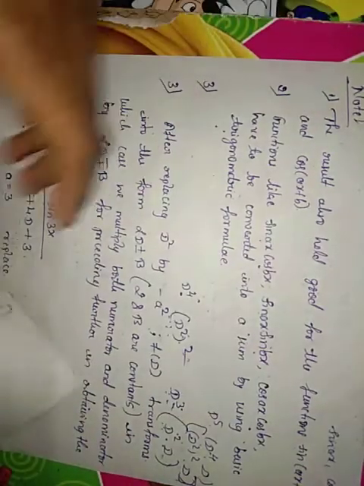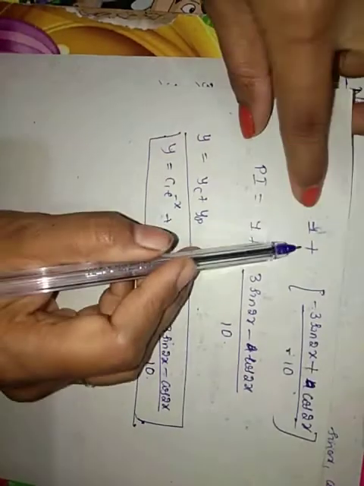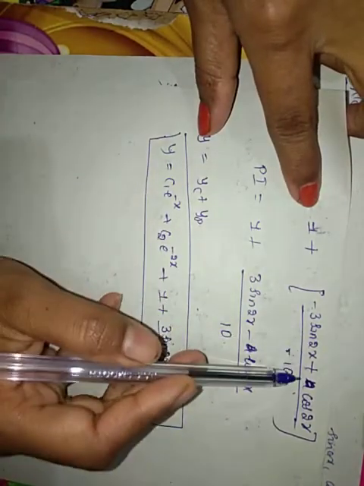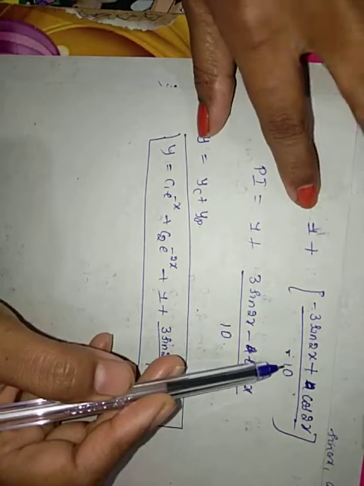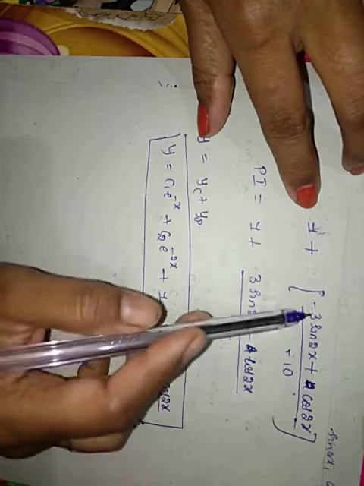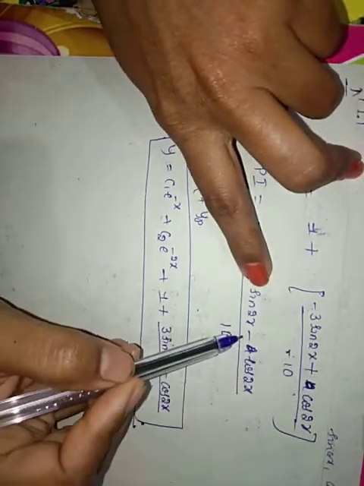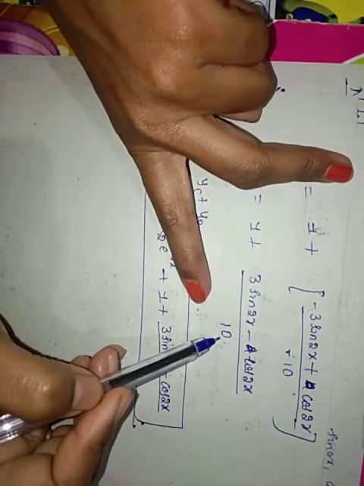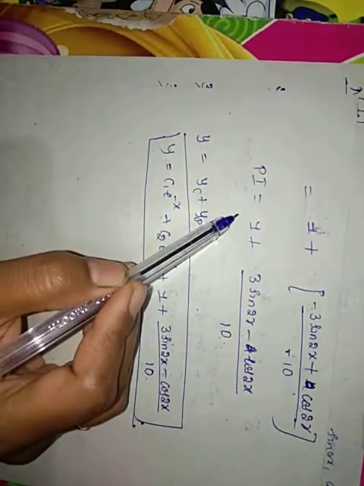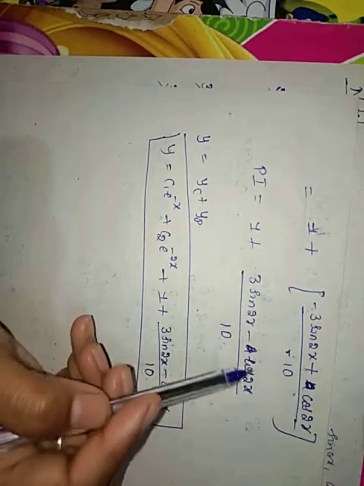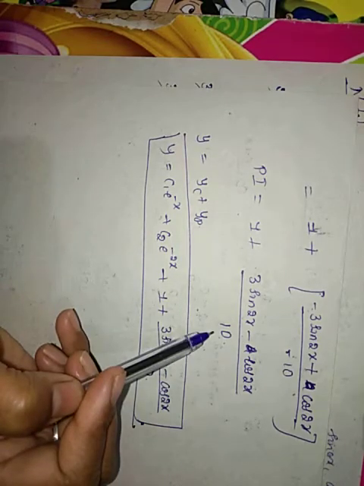So we get the PI, 1 plus minus 3 sin 2x plus cos 2x divided by minus 10. Multiply this minus sign to this numerator. Minus minus becomes plus, plus minus becomes minus cos 2x divided by 10. So we get the particular integral 1 plus 3 sin 2x minus cos 2x divided by 10.